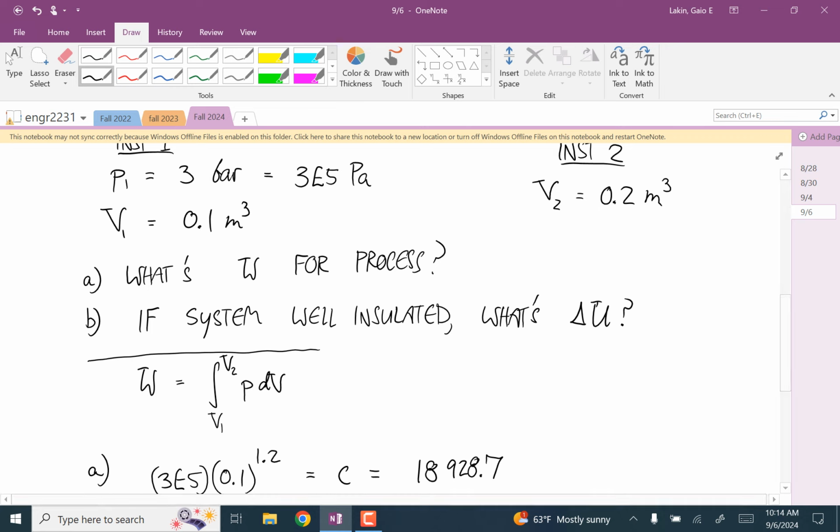Can you say that again, please? Yes. W, if your system, the gas that you're isolating, expands, then W is positive. Okay? If your system contracts, W is negative. Think of a piston in a cylinder.